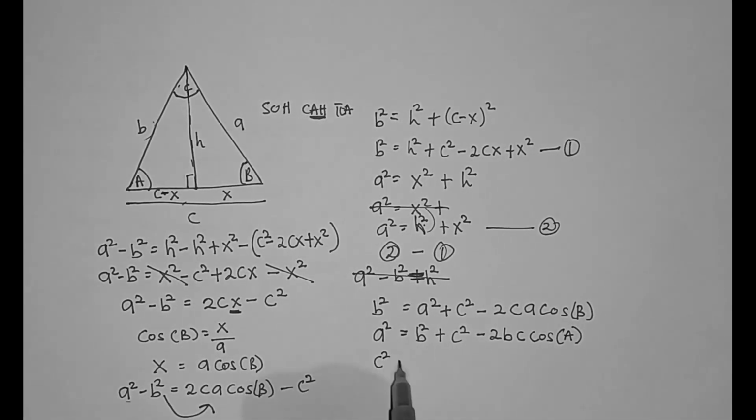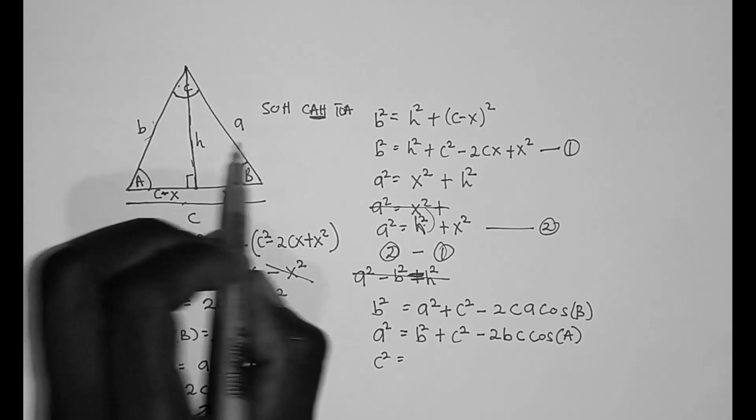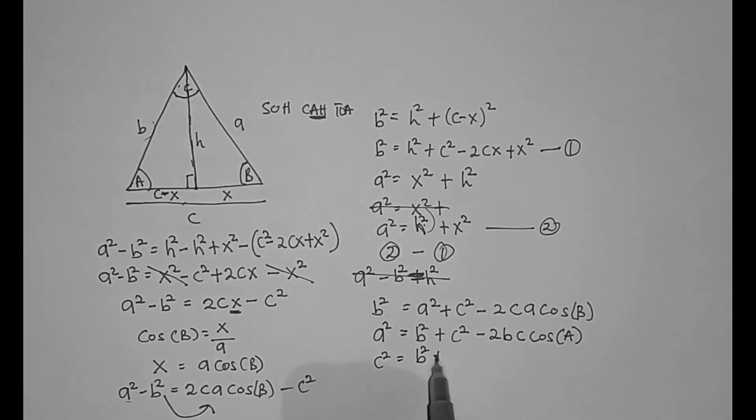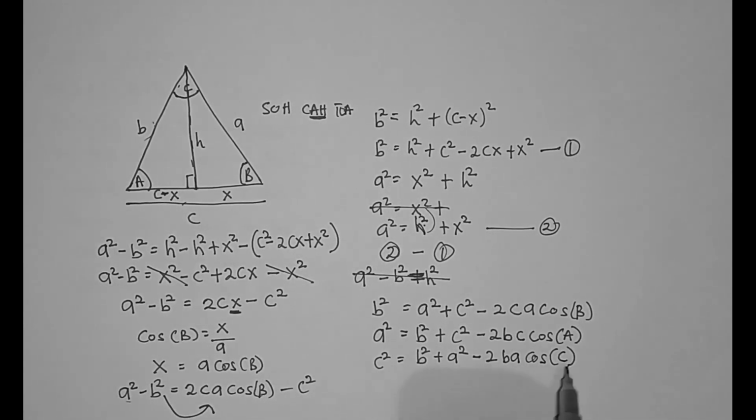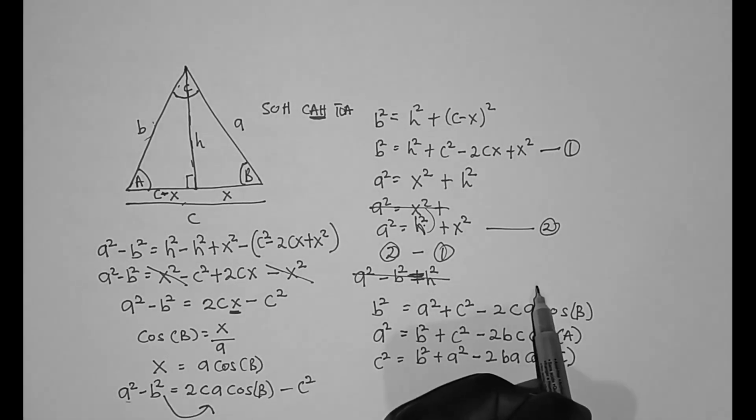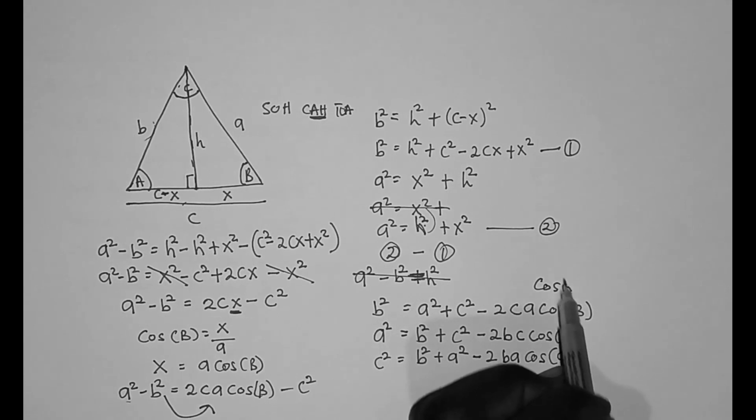So C squared is equal to the square of the other two lengths, which is B squared plus A squared, then minus 2 times the product of the magnitude of the other two sides, which is 2 times B times A cos the angle that is facing C, and the angle that is facing C is this angle capital C, so cos C. So these three equations define what we know as the cosine rule.